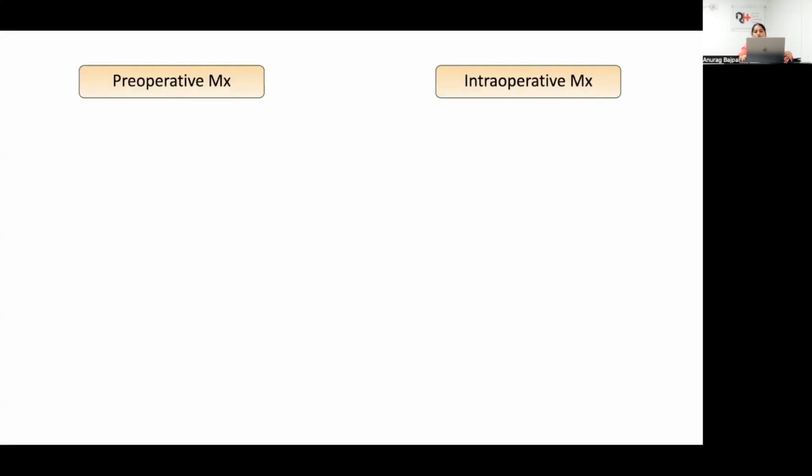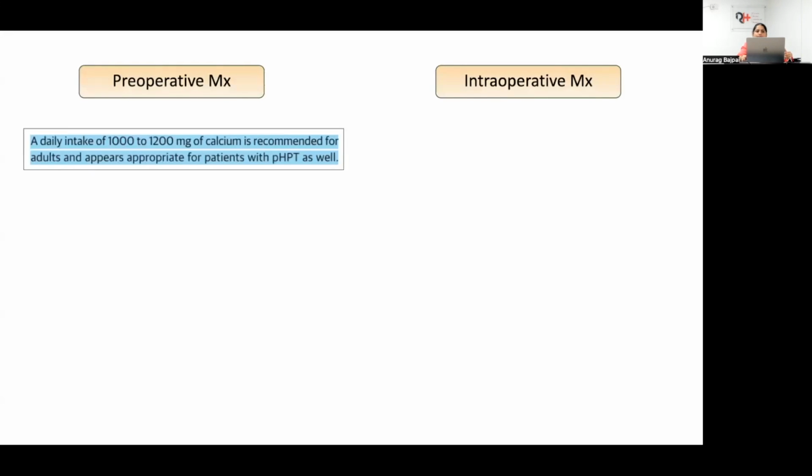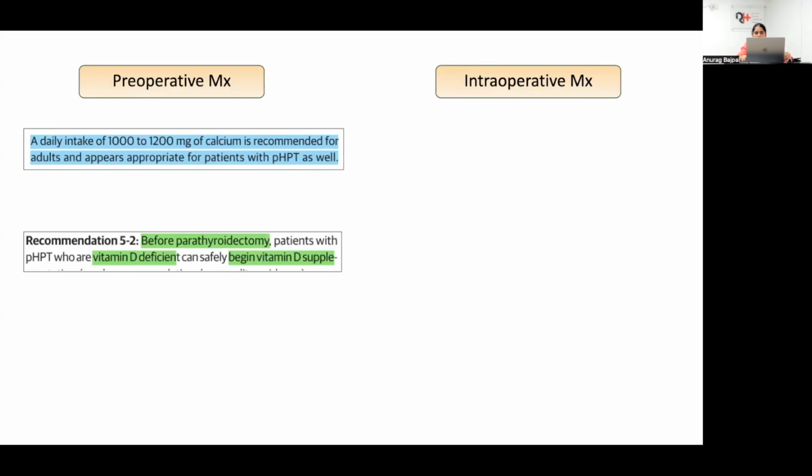Now, it is important to know what should be done pre-operatively and intraoperatively. In the pre-operative period, as we know hyperparathyroidism is a condition where the calcium is high, but the guidelines clearly say that even in PHPT, a daily intake of 1000 to 1200 milligrams of calcium is recommended for adults and appears appropriate for PHPT patients as well.